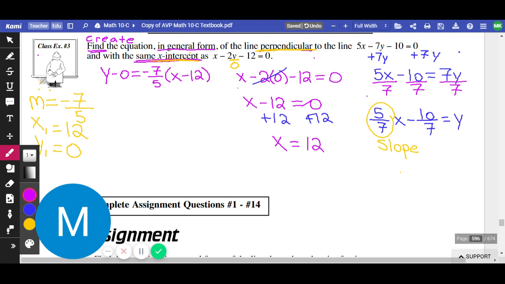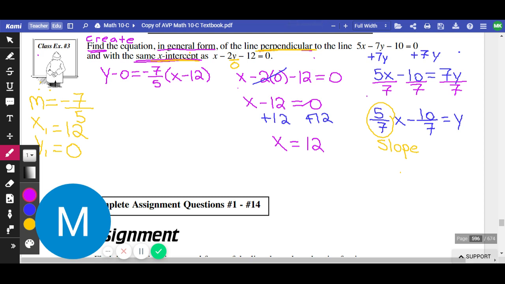This line is perpendicular to the first one, because I got a negative reciprocal slope, and it has the same x-intercept as the second line. And that x-intercept I represent as a random point, right? Just a point.